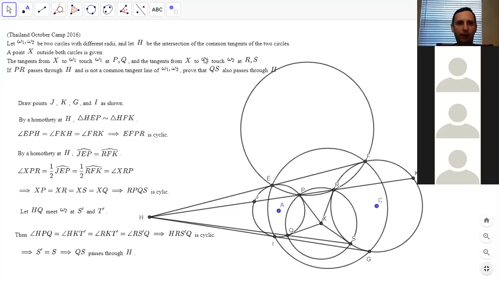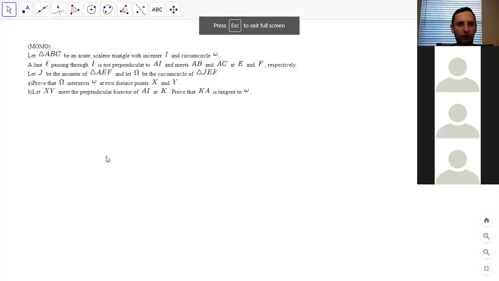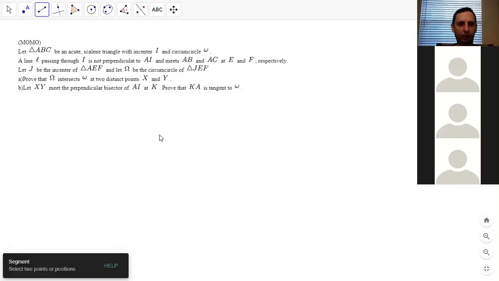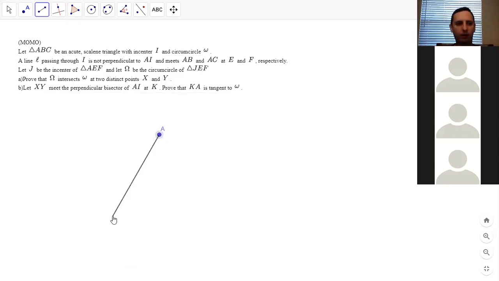So here's a problem that Serdar proposed. I'm not sure if this is a mock contest, but it looked interesting. We have a scalene triangle with incenter I and circumcircle omega.